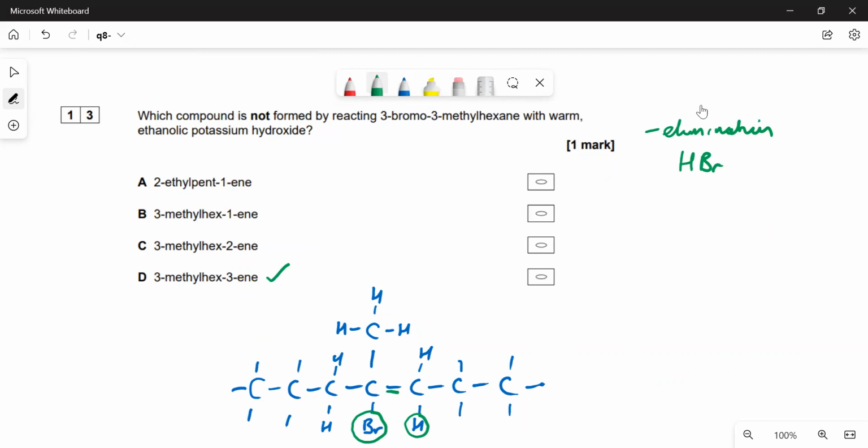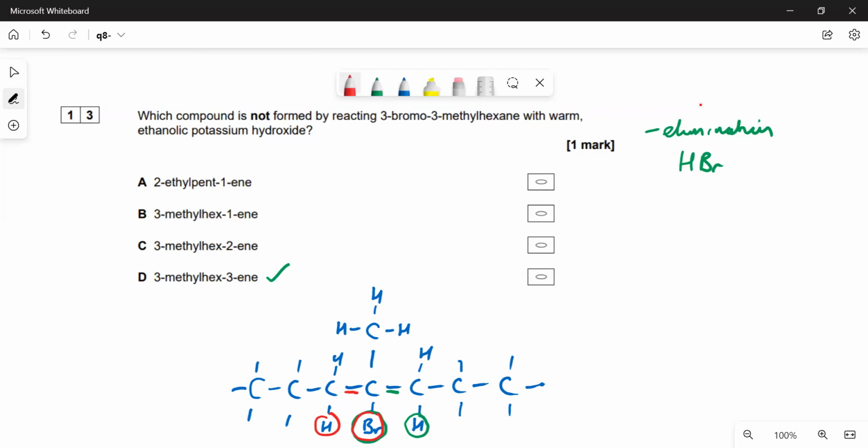Now, if instead of removing that green hydrogen there, you remove the bromine and this hydrogen, then you are going to get the double bond there, and that would be 3-methyl. That would be 4-methyl, sorry. I've drawn too many there, haven't I?